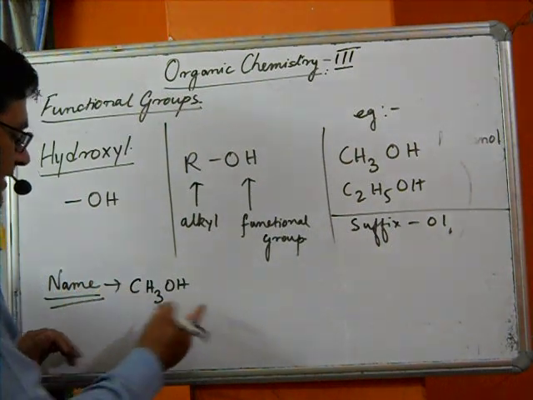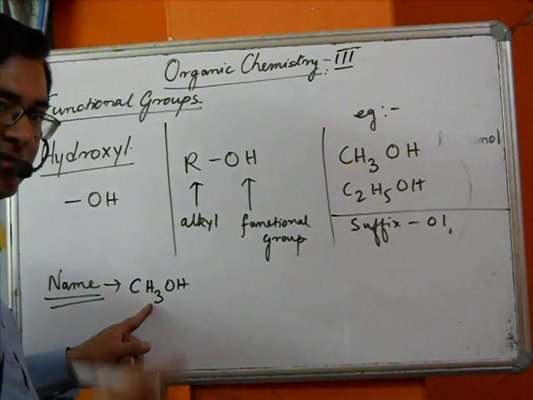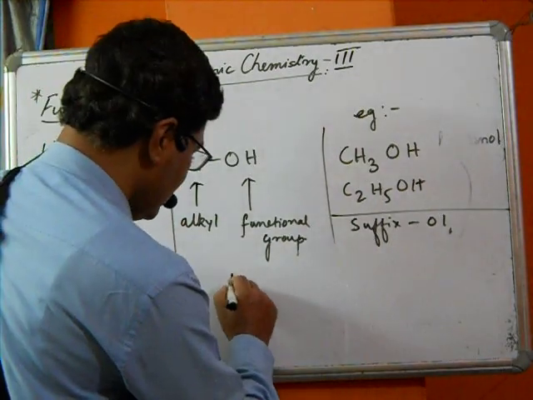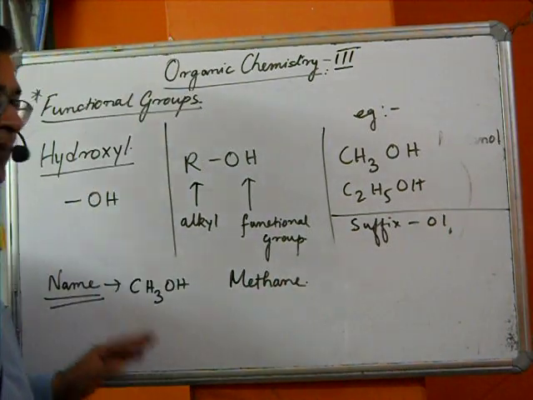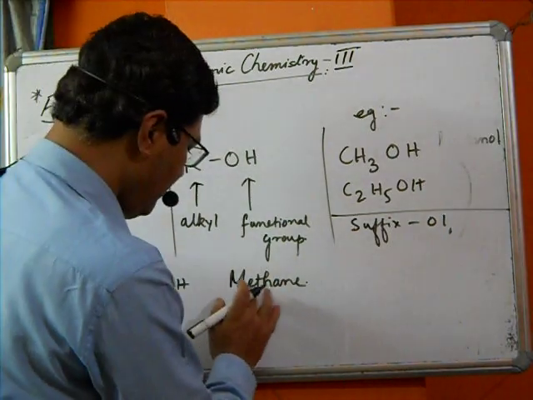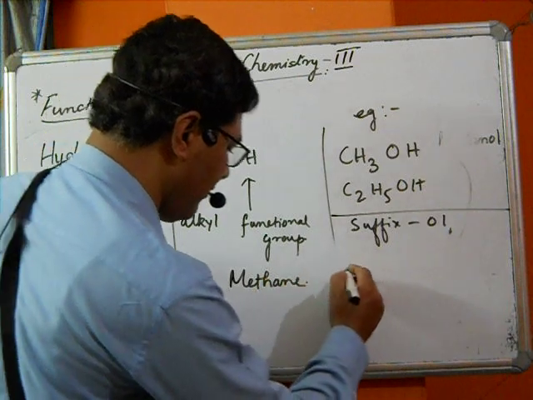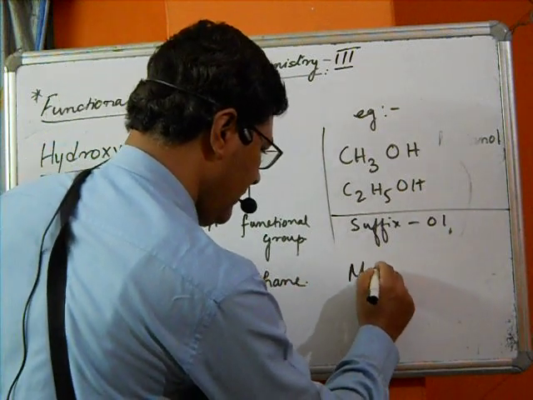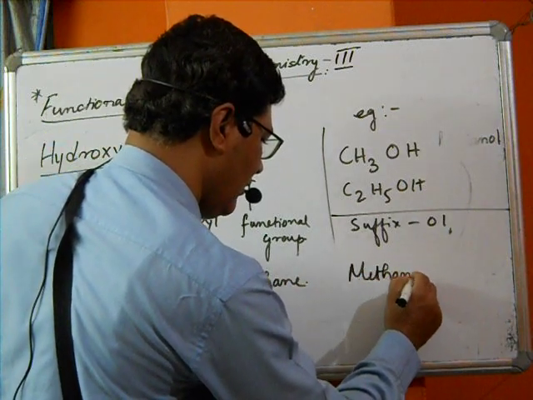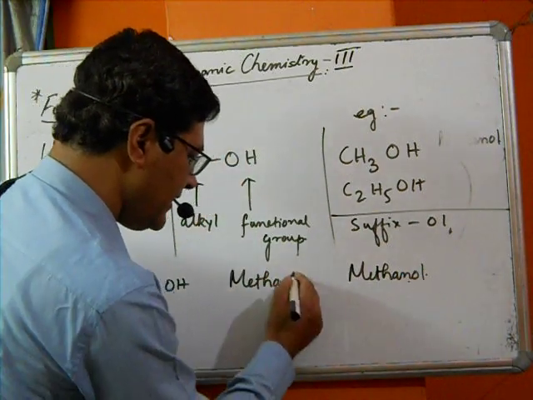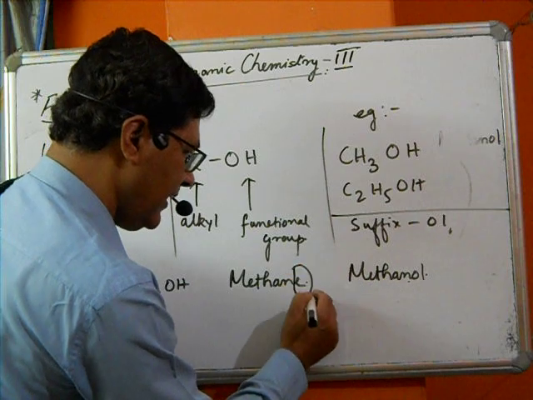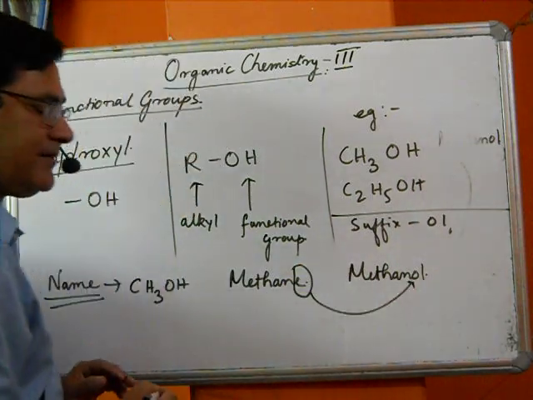CH3 has come from methane. From methane it has come methanol. See, up to M, everything is okay. The E is removed and the -ol has taken the place.